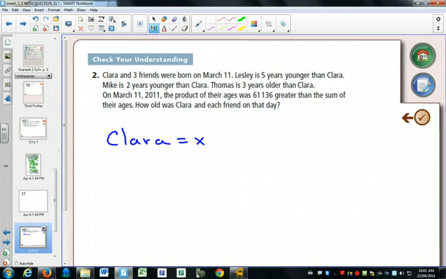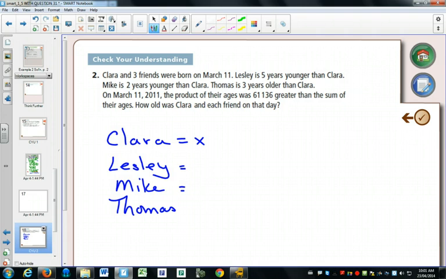Her age is going to be x, because then I can compare everybody else to her and write expressions in terms of x for them. So Leslie's age, she's 5 years younger, is x minus 5. Mike is 2 years younger, x minus 2. And Thomas is 3 years older, x plus 3.